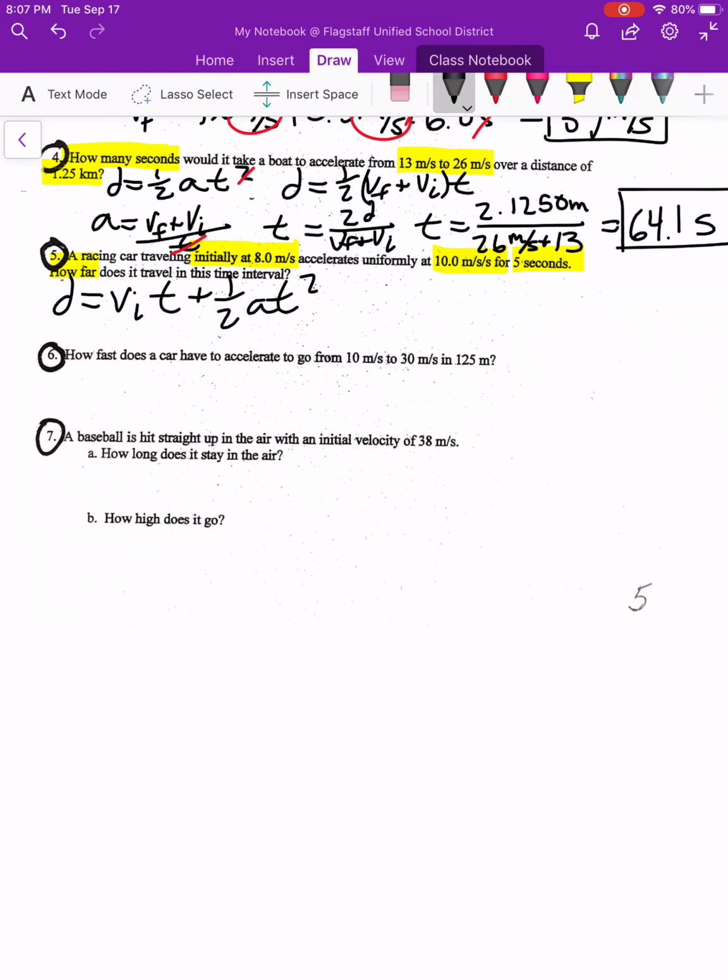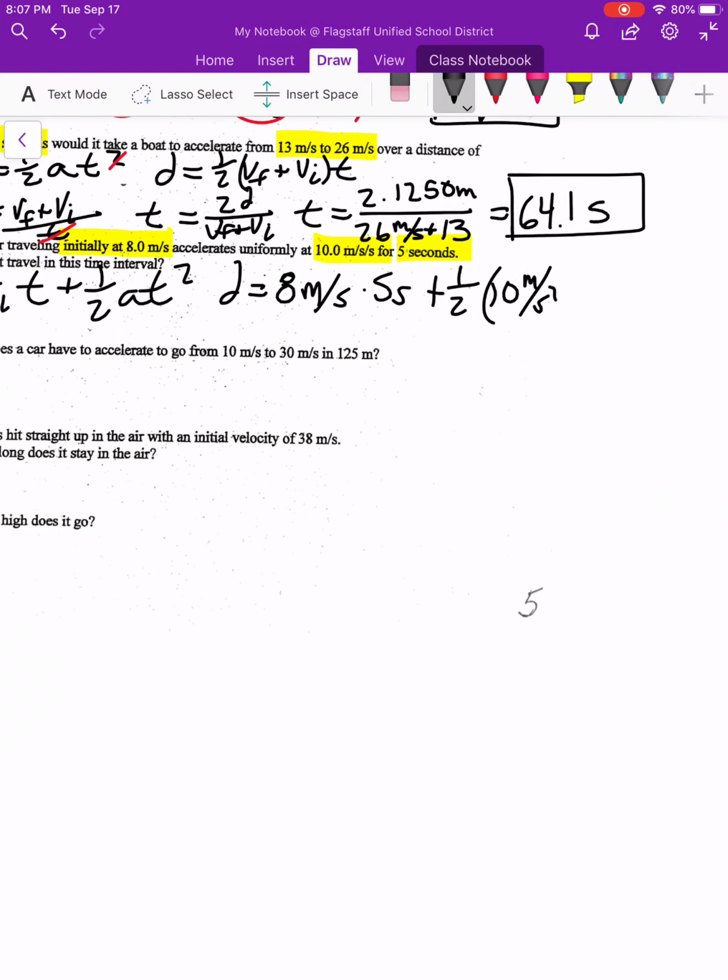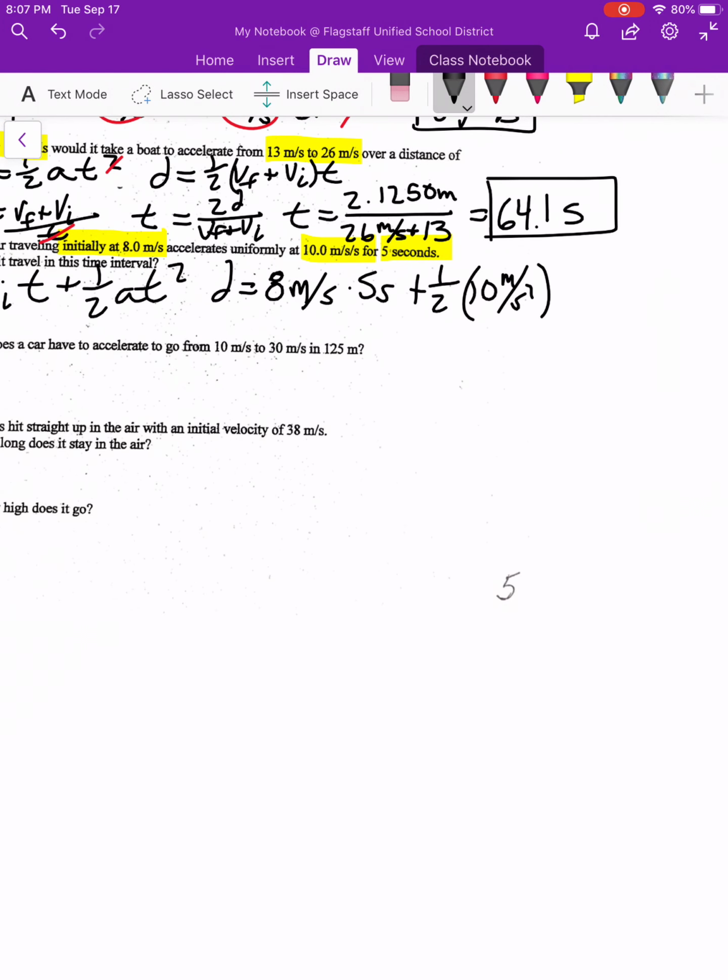So now we just plug and chug, right? Because we already have solved for d. So distance equals my initial velocity at 8 meters per second times time, 5 seconds, plus 1/2 times 10 meters per second squared, times 5 squared, 5 seconds squared.